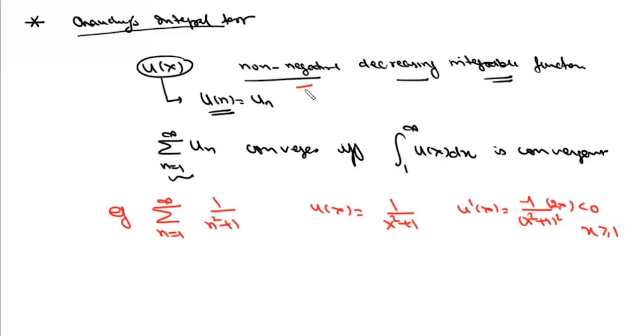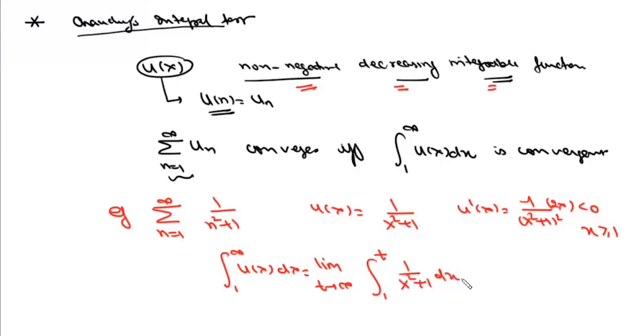It is non-negative, decreasing, and integrable function. So what we'll do is we'll find this integral from 1 to infinite ux dx, and the way to write it is this limit t tends to infinite, this integral from 1 to t, and ux is 1 upon x square plus 1 into dx.